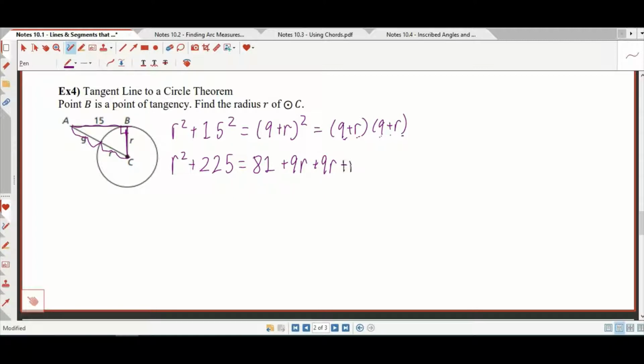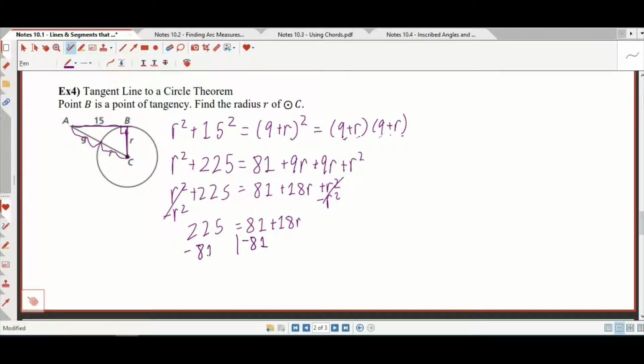And r times r is r squared. Reduce that a little bit. R squared plus 225 equals 81 plus 18r plus r squared. Take r squared away from both sides, and it's not a quadratic anymore. Yay! 225 equals 81 plus 18r.